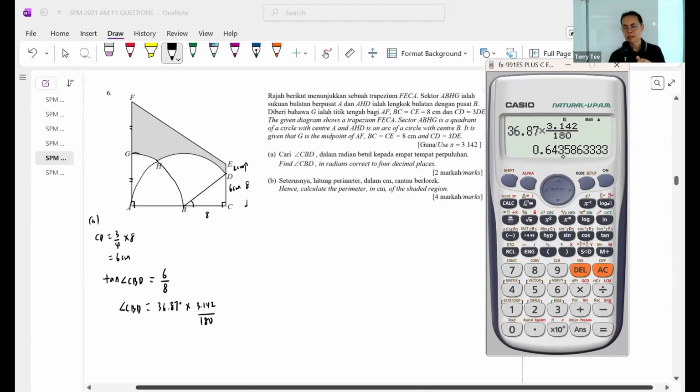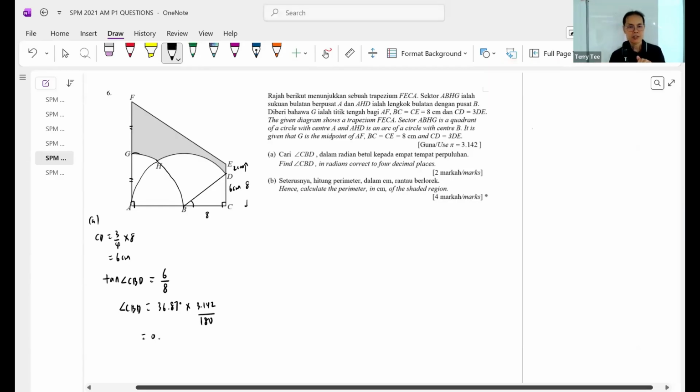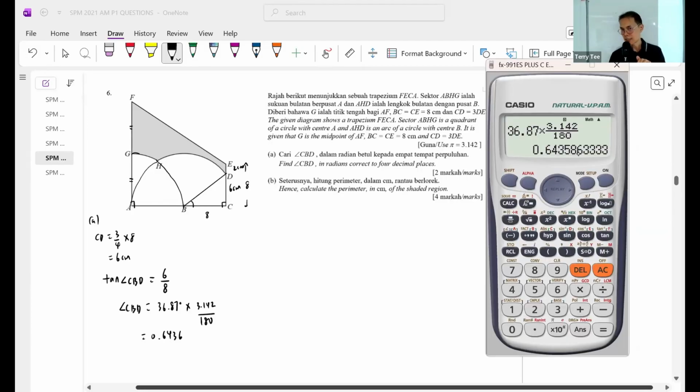Now you see, your answer is actually different. See this? 0.6436, which is actually not as accurate.